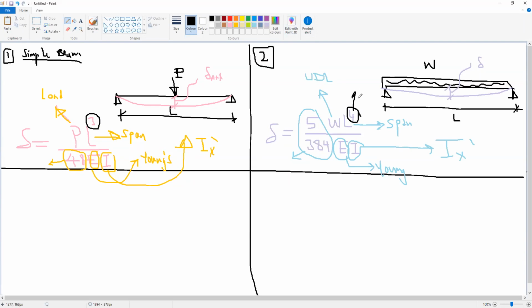This is a basic difference between the two formulas, and you have to keep it in mind: 3 if you have concentrated load, 4 if you have uniform load. Okay. The third case we have is the cantilever.